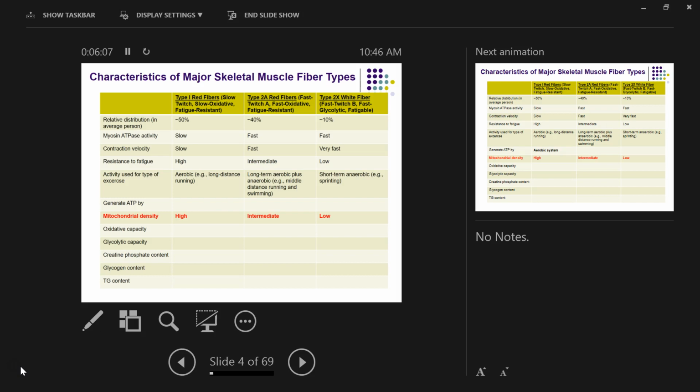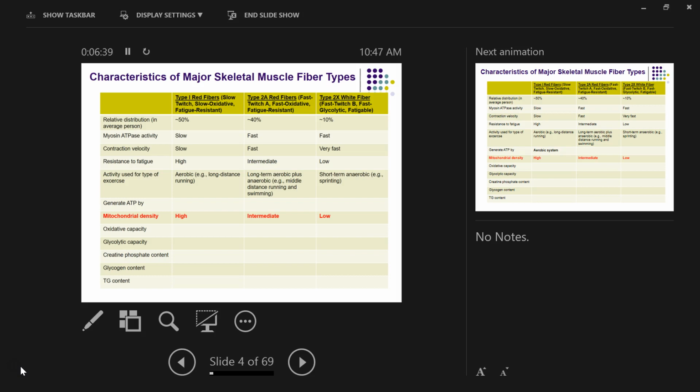In terms of composition, type 1 red fibers usually account for 50% of the muscle fibers in our muscle, and 40% is type 2A, and only 10% of the muscle fibers in our skeletal muscle are type 2X fibers.